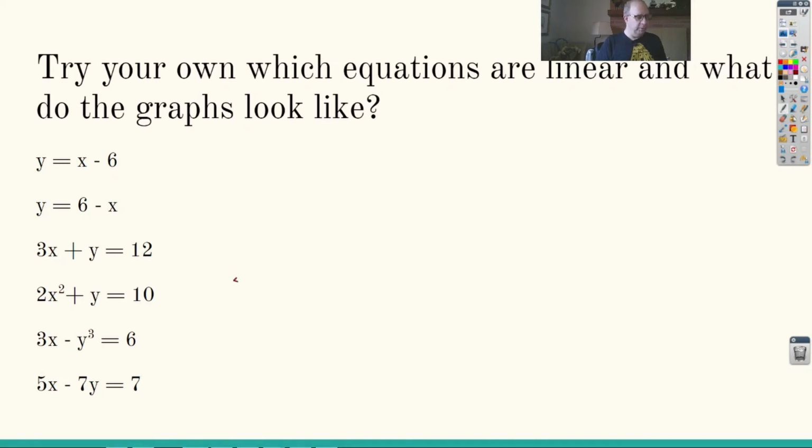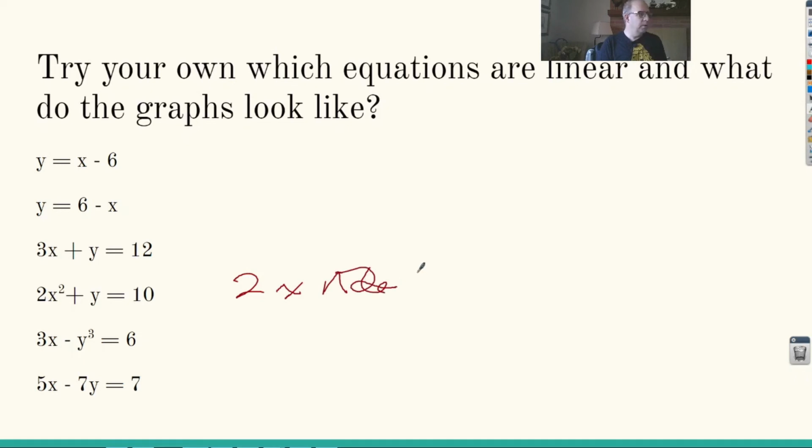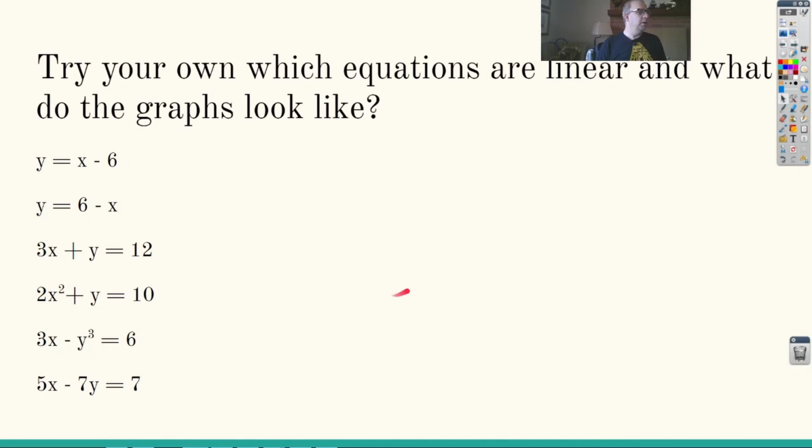So you would write 2x caret 6, plus y equals 10. Okay? And this would be the caret y, etc., caret 3. So put those in, see which ones are linear and which ones are not linear.